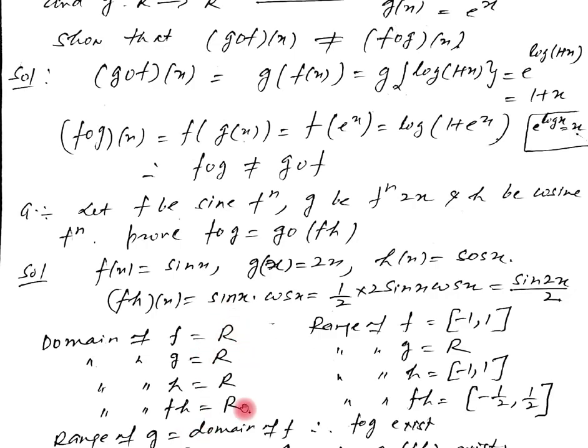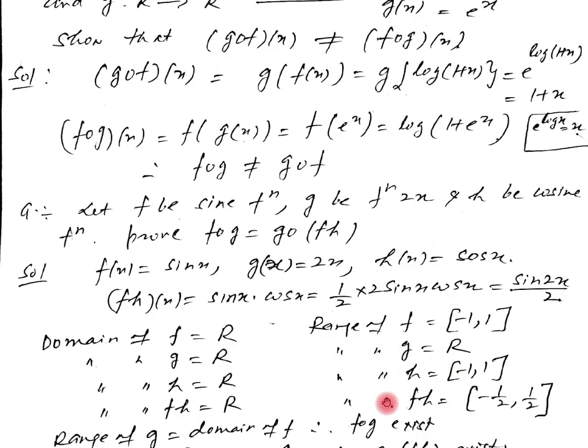Similarly, for the range, we know sine and cos always lie between 1 and minus 1. Therefore, the range of f is the closed interval minus 1 to 1. The range of g is R, as it can be defined for every real number. Similarly, the range of h again lies between 1 and minus 1, so it is the closed interval minus 1 to 1.